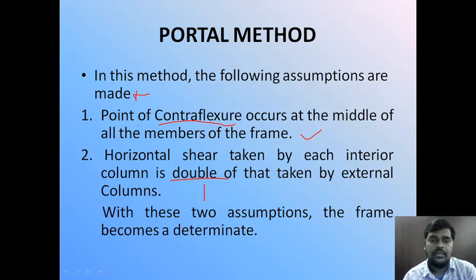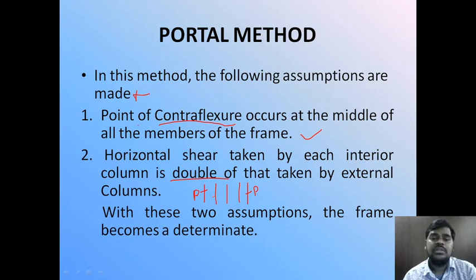Suppose we have, so only columns I am drawing here, a frame which has 5 columns, and if the force on this column is P, and this column is also P, horizontal force. Horizontal forces are generally wind forces. These were already discussed in Structural Engineering 1 as basics in the very starting lectures.